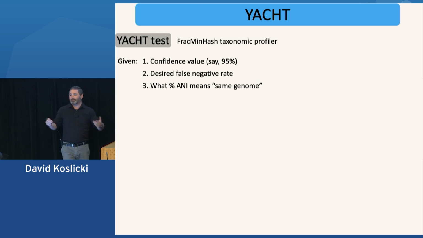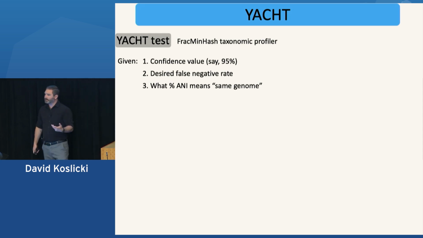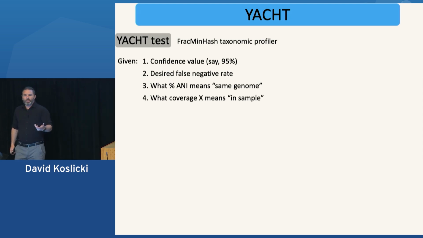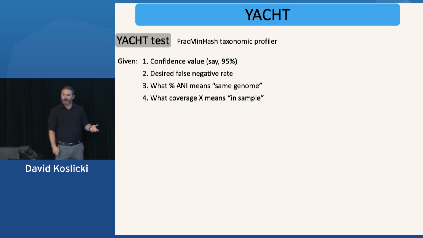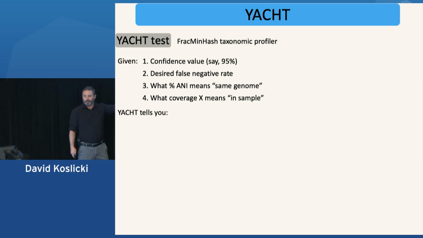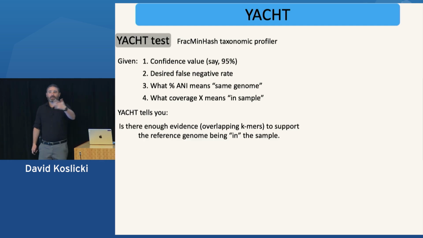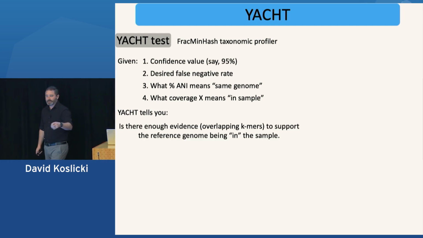Or do you want 99.995 ANI, you want the same strain? And then, what percentage of that genome do you have to see to be able to say, yes, it's in my sample? I.e., what coverage do you desire? Given those 4 inputs, YACHT will tell you if there's enough evidence in terms of k-mers to support that reference genome being in your sample.